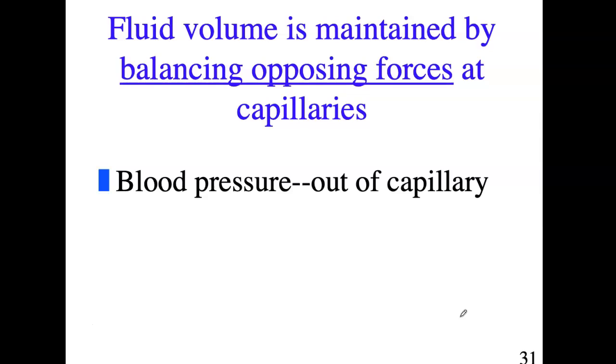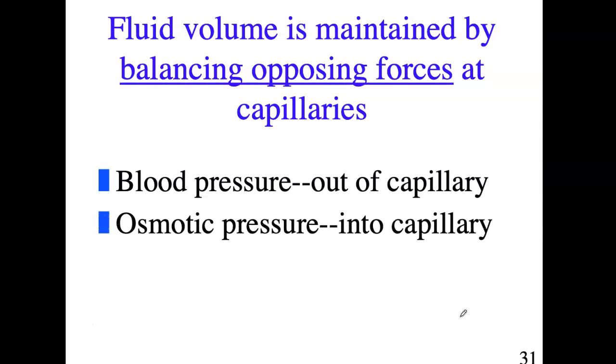The blood pressure is tending to push it out of the capillary, and the osmotic pressure is wanting to draw it back into the capillary. And why is that? Because you have a fluid, which is blood, which is full of solutes and proteins, very different from the extracellular fluid that's just a watery substance.